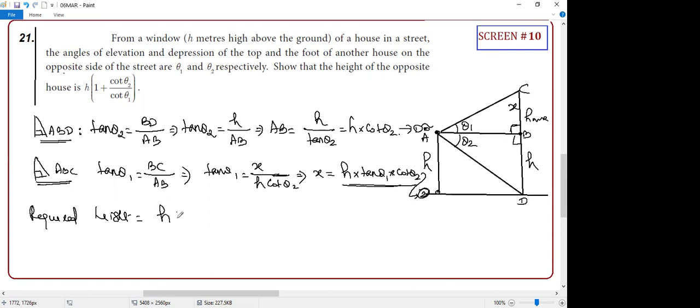So H plus H into tan theta 1 into cot theta 2. Guys, if you take H out, can you tell me what will happen? 1 plus tan theta 1 cot theta 2. If you bring tan theta 1 to the denominator as a reciprocal, it's cot theta 1. Right or not? Yes.